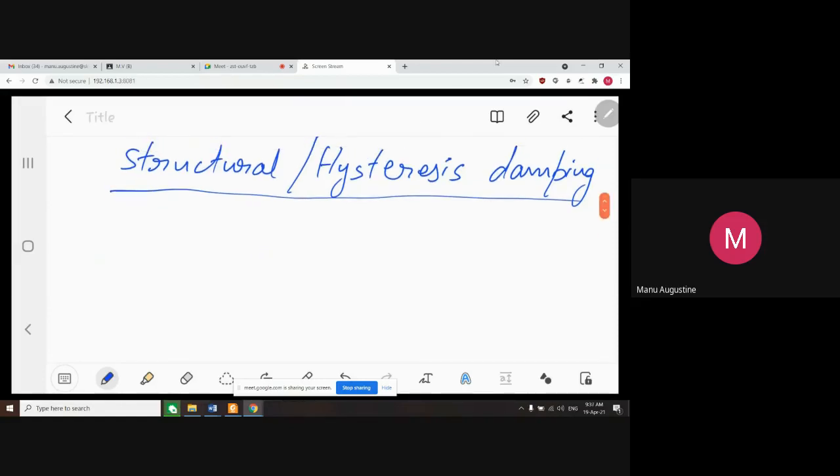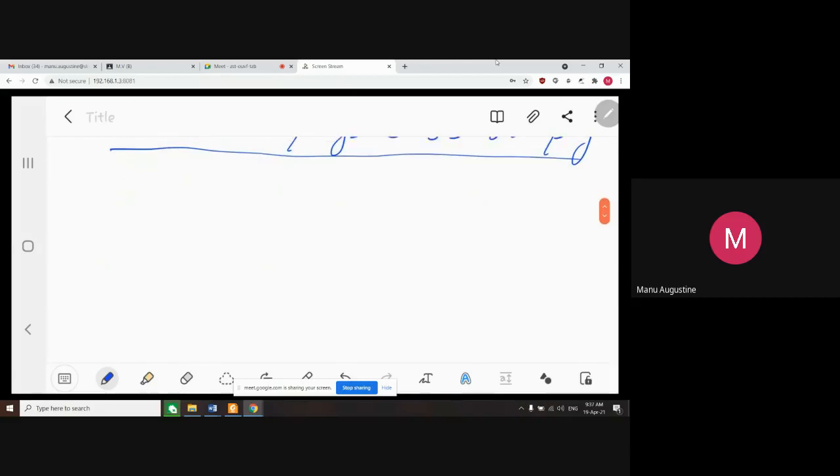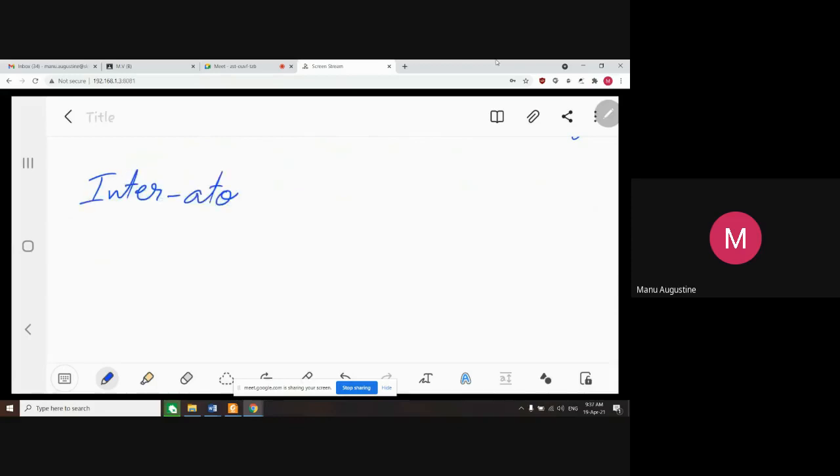Now see, in structural or hysteresis damping, what happens is we have interatomic or intermolecular friction. What does this mean?